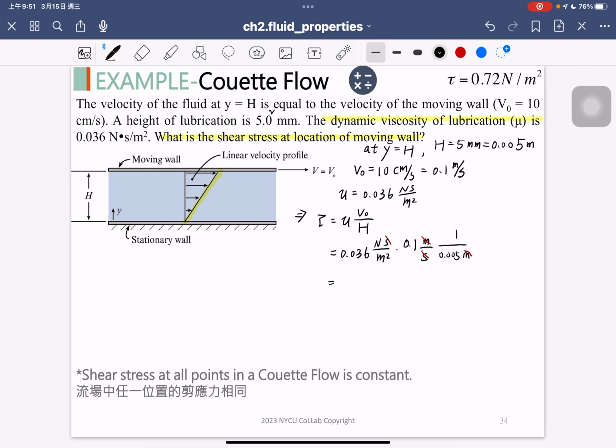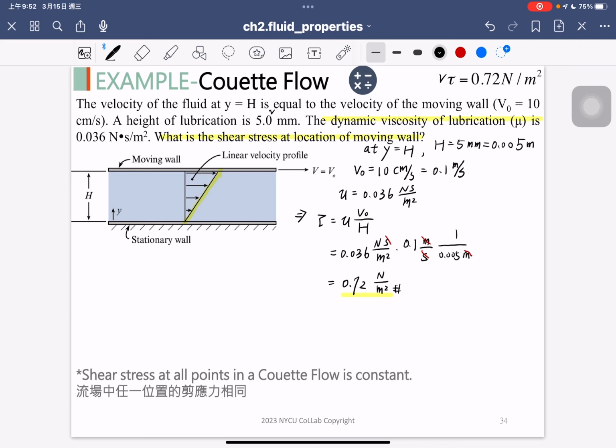Okay, so use your calculator to compute the final answer, and just double check whether the number is correct or not. So we have 0.72 Newton per meter square, and this is the same answer compared to the upper right corner here.